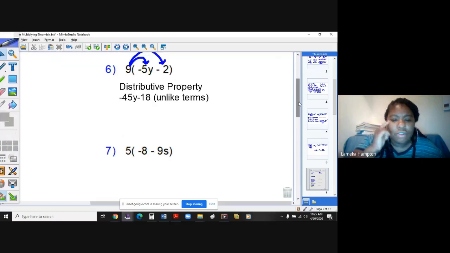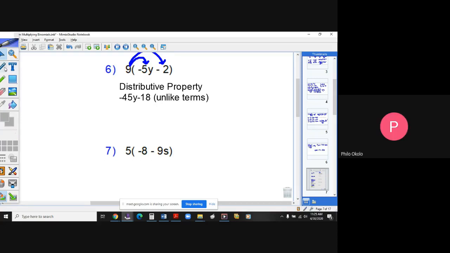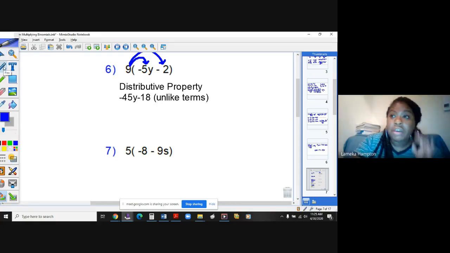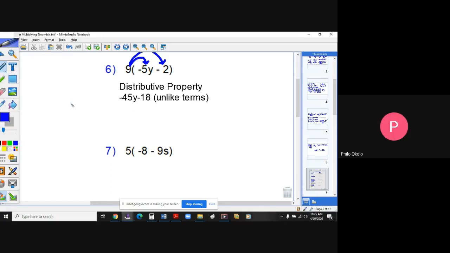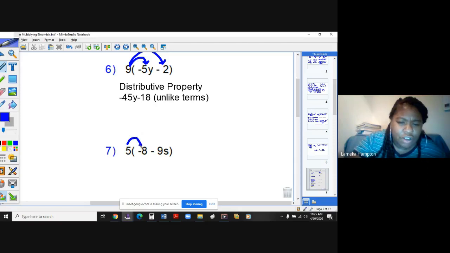So I have number 7. Number 7 is the same thing as number 6, right? Distributive property. Distributive property, multiplication. Yes, absolutely. So I'm going to do that. And I'm going to do that.